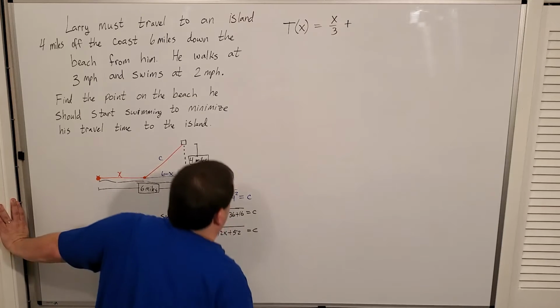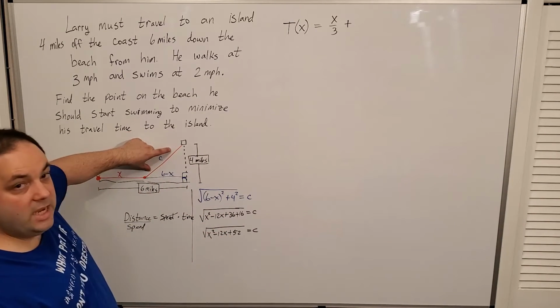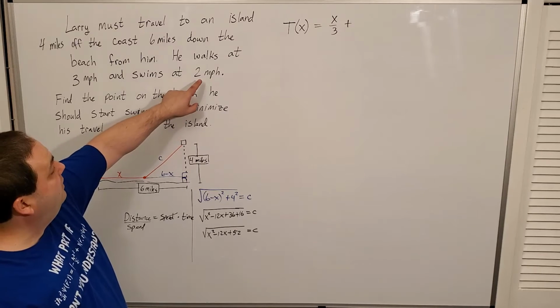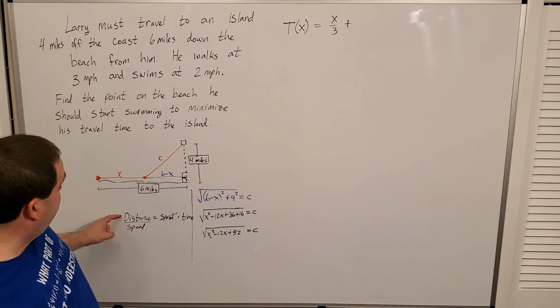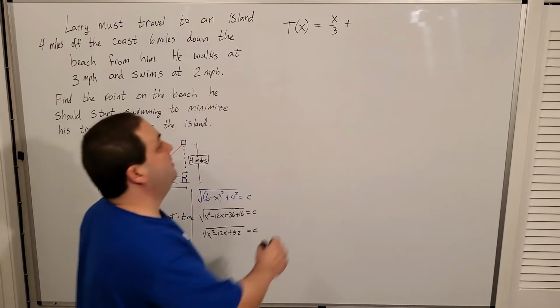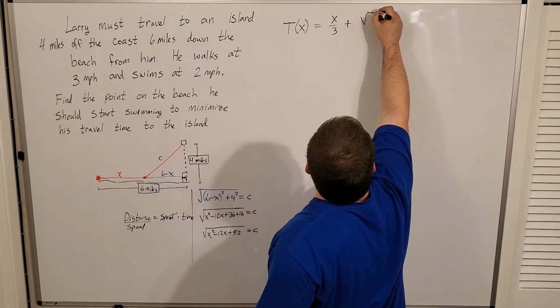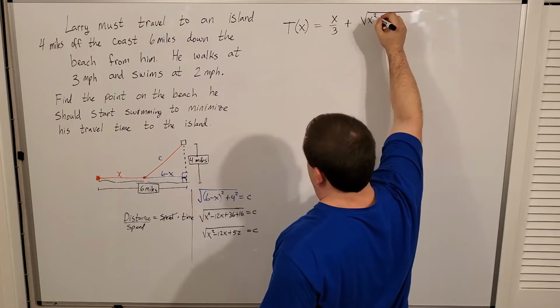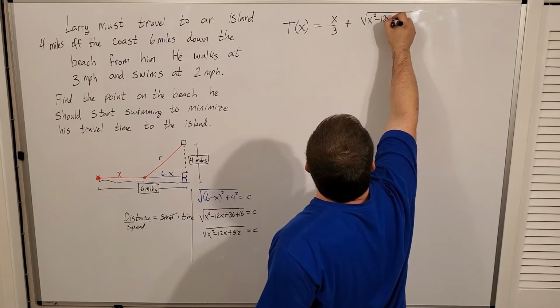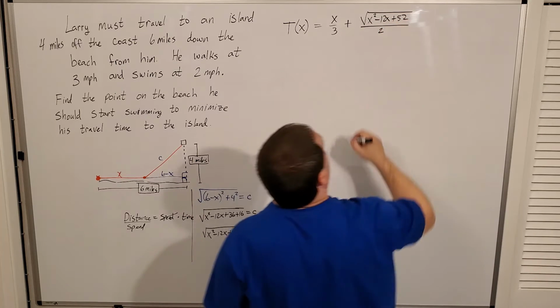All right. Now, that's the distance from here to here. He can travel it at 2 miles per hour, so it's that distance divided by his speed that will give me the amount of time it takes. So that's going to be the square root of x squared minus 12x plus 52 divided by 2.